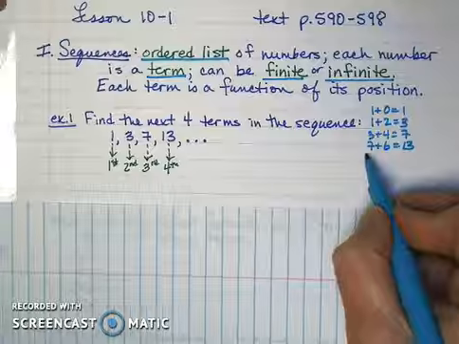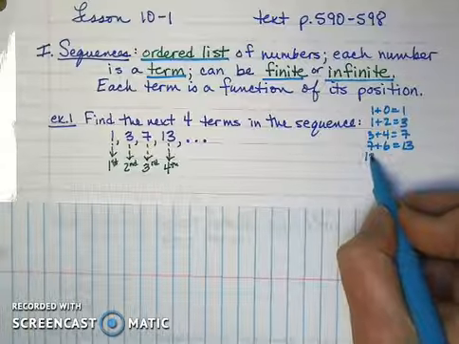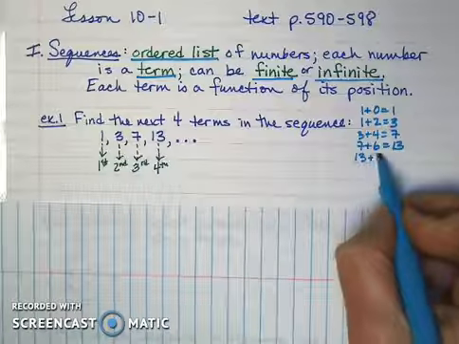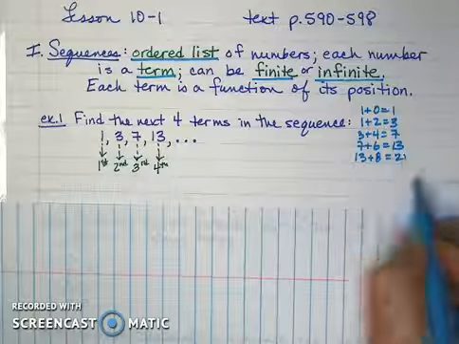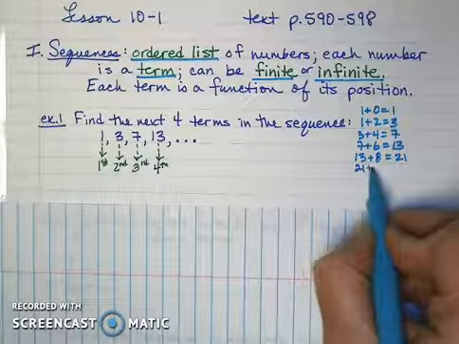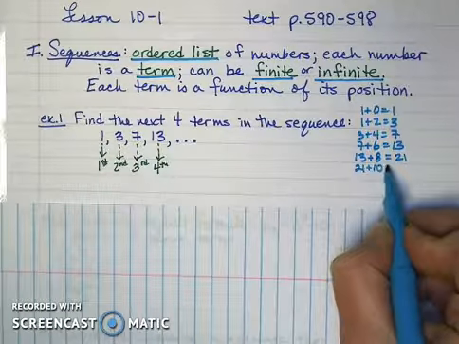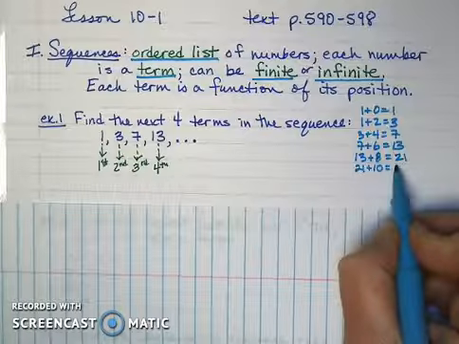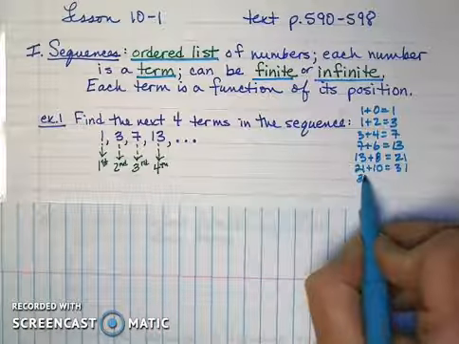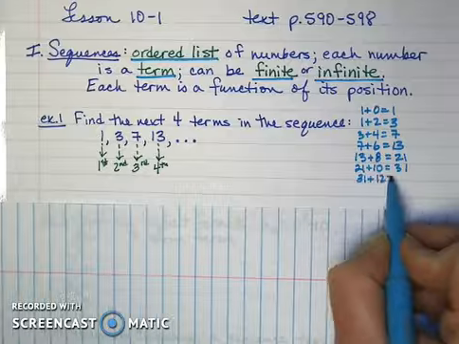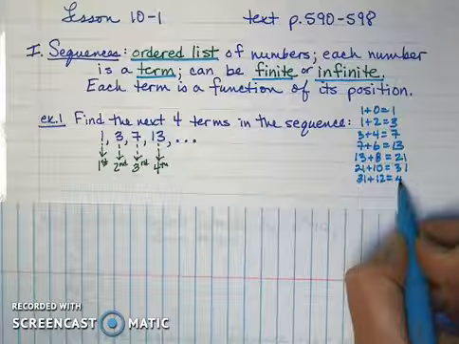That would be 13 plus 8, which gives us 21. Then we would have 21 plus 10, which would be 31. Then 31 plus 12, which would give us 43.